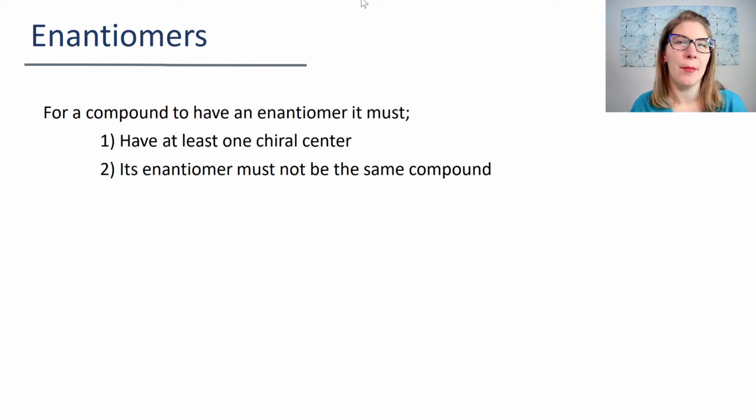In order for a compound to have an enantiomer, it has to have at least one chiral center. Now you might end up graduating to a more complex definition, but we're just going to keep it nice and simple for Organic Chemistry 1, at least as simple as possible. And then your enantiomer must not be the same compound.